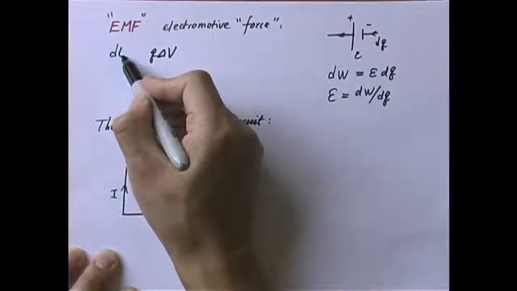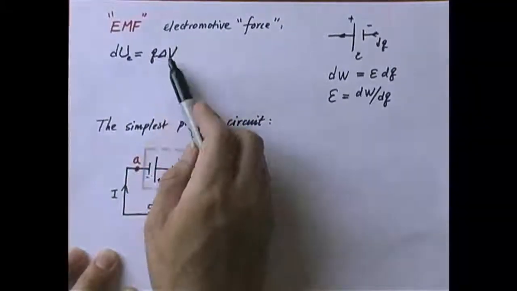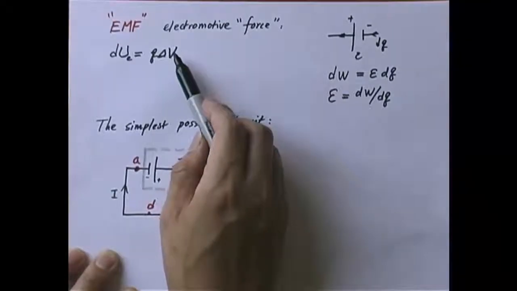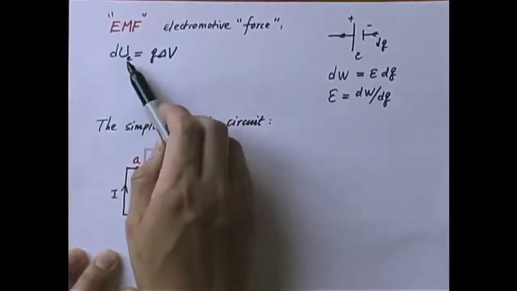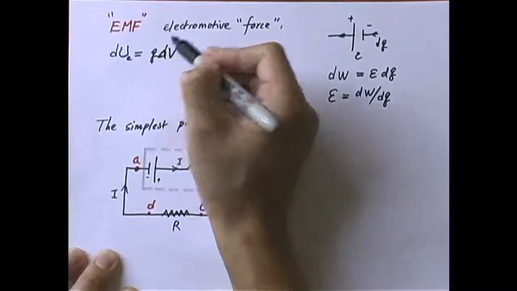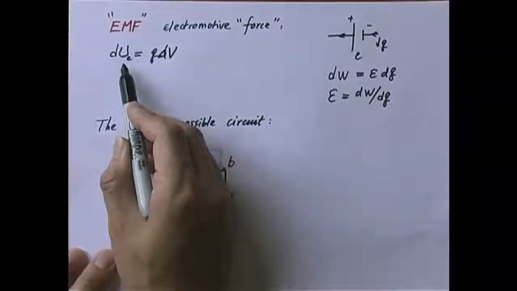So that is how delta V is related to dUE. Here delta V is the increase in the potential for that particle as it moves from one place to another, and dUE would be the increase in the electrical potential energy.